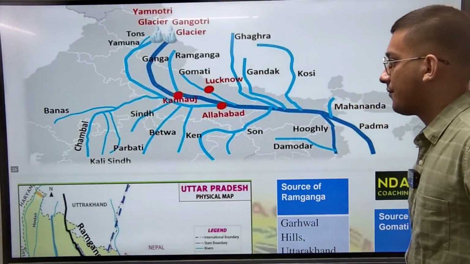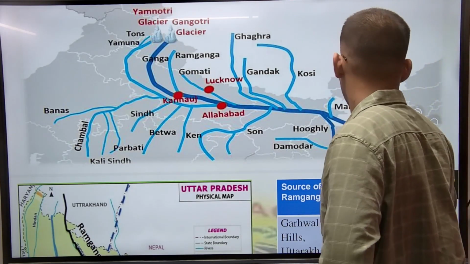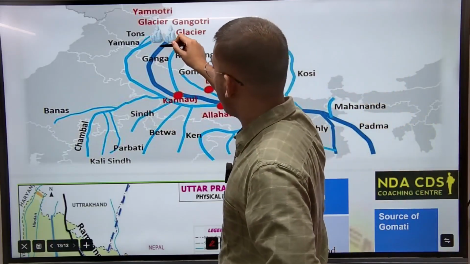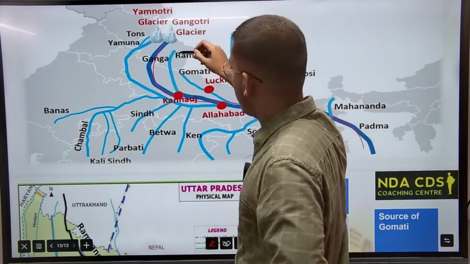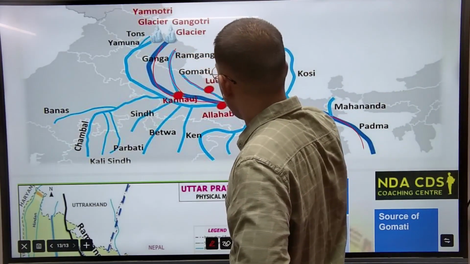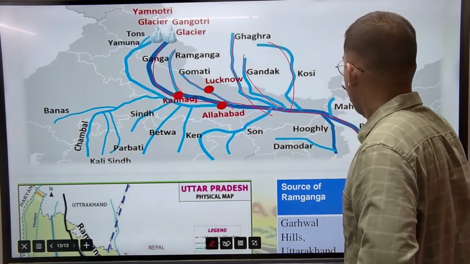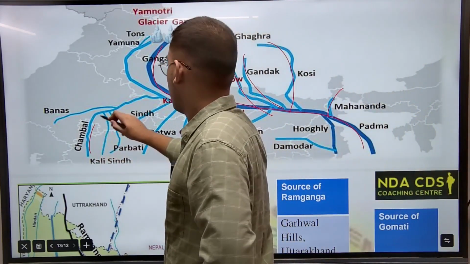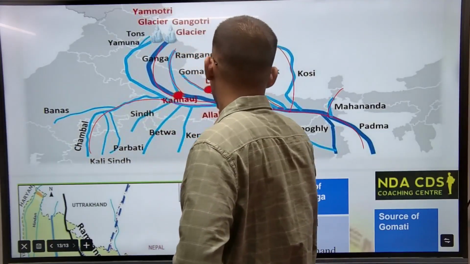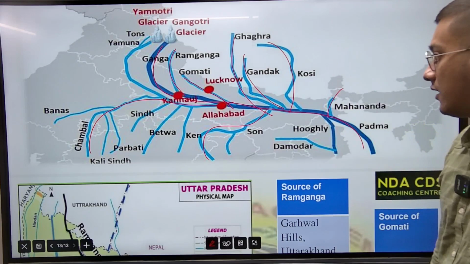So we can see here in this image, this is the main Ganga river. The tributaries are Ramganga, Gomti, Ghagra, Gandak, Kosi, and Mahananda. Right? And the right bank tributaries include the Yamuna and the Son. Done.